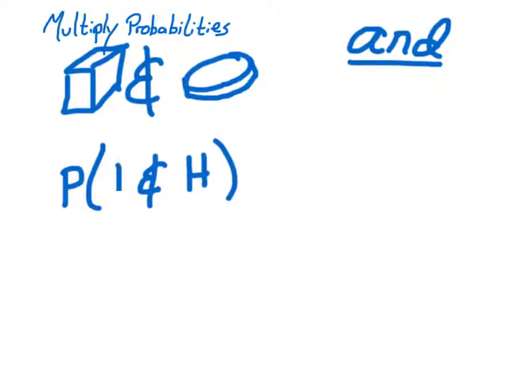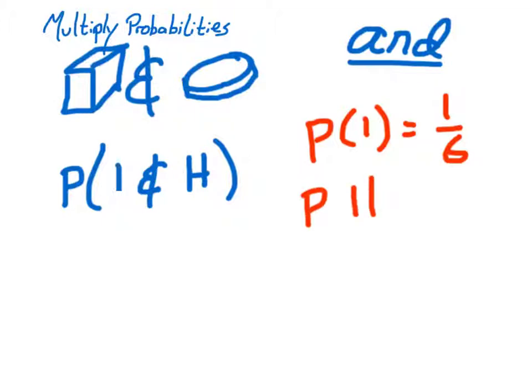Okay, well, the probability of getting a 1 is equal to 1 out of 6 on a dice, right? There's 6 sides on the dice, and one of those sides would be a 1. The probability of rolling a heads on a regular coin would be 1 out of 2.